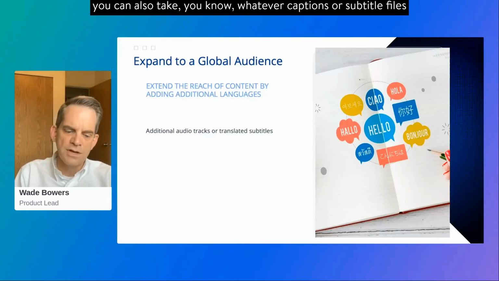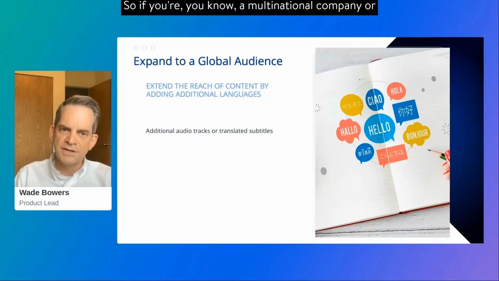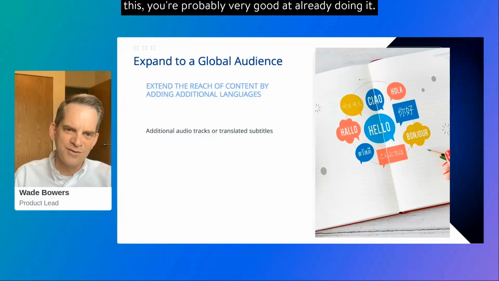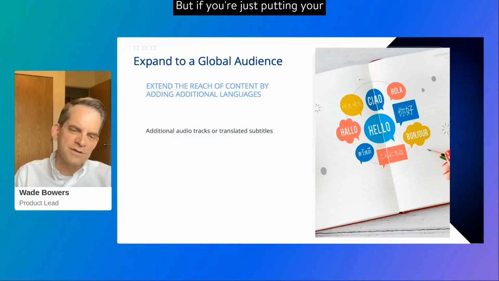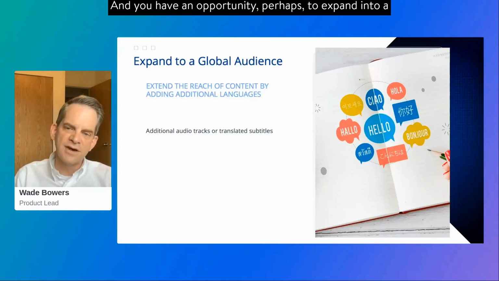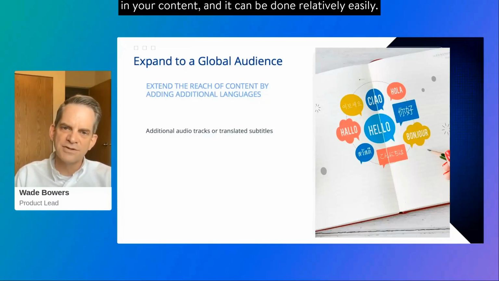Or you can take whatever caption or subtitle files you've created and have those translated into additional languages. If you're a multinational company or part of a multinational organization, you need to do this, and you're probably already very good at it. But if you're just putting your content out there on YouTube, those audiences are there, and you have an opportunity perhaps to expand into a different market or a different set of individuals interested in your content. And it can be done relatively easily.